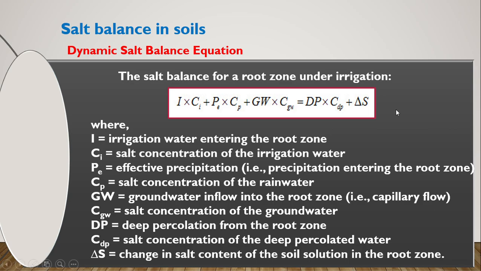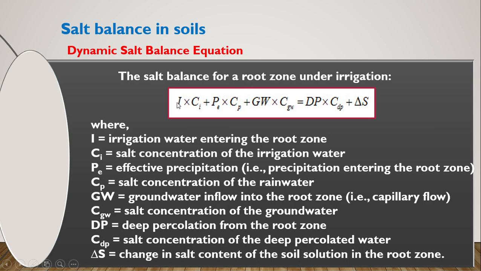Depercolation is there, and the change in salt content of the soil solution in the root zone. Actually the output is DP, depercolation. So the difference between these two terms will give the change in salt content in the root zone of the crop.